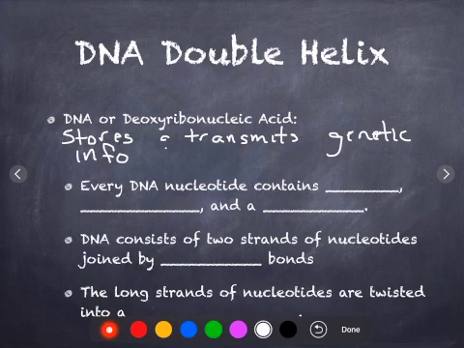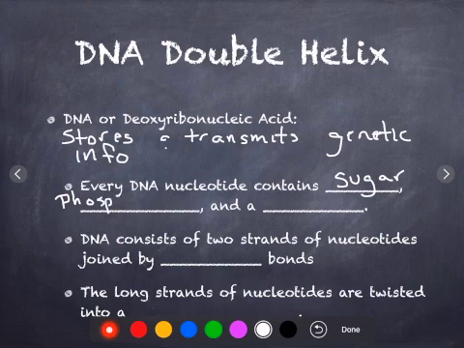So every DNA molecule contains a couple things. It contains a sugar group, and that sugar that DNA contains is something called deoxyribose. Okay, so deoxyribose is the sugar. It also contains a phosphate group and a base or nucleotide.